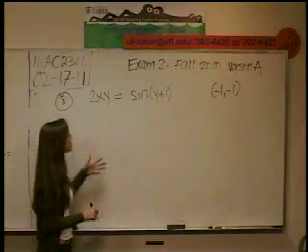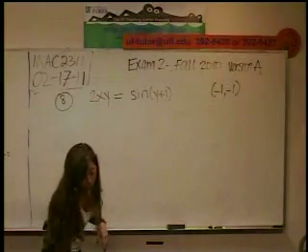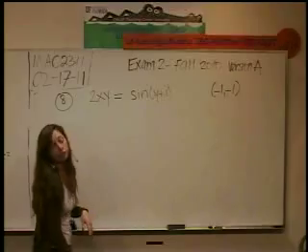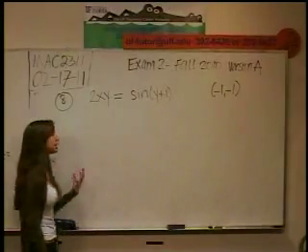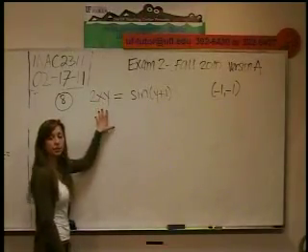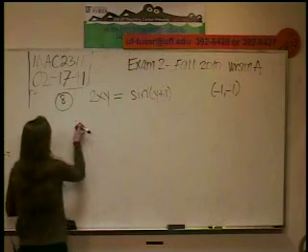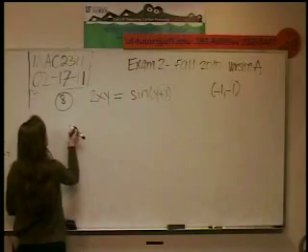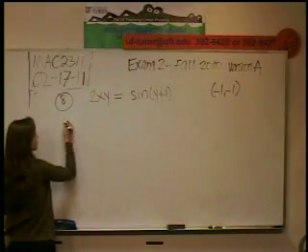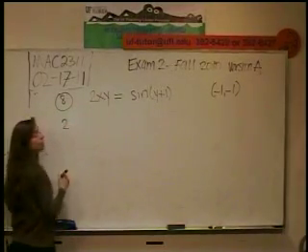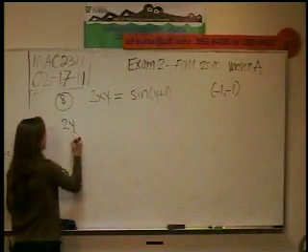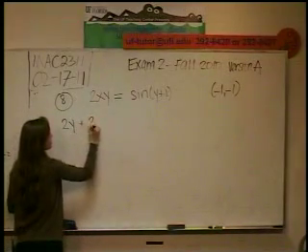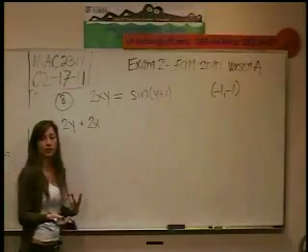This is how we would go about it, looking for the slope of the tangent line. Remember, the slope of the tangent line is just the derivative, but this time we're going to do it implicitly. We have the product rule here with 2xy. The derivative of 2x is 2 times the second function, plus the first function times the derivative of the second.